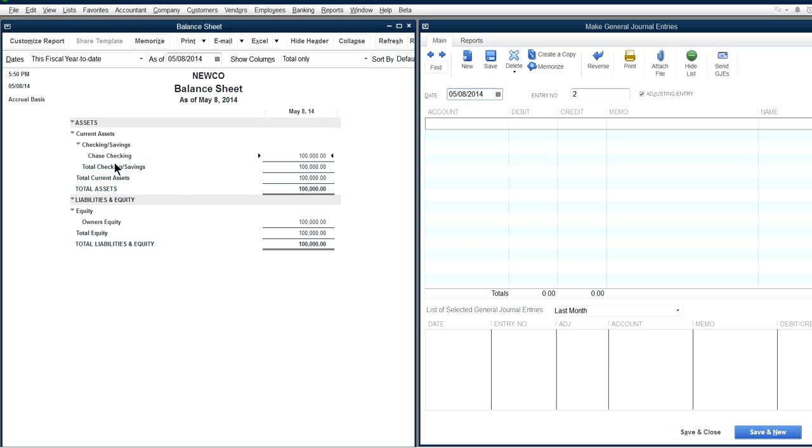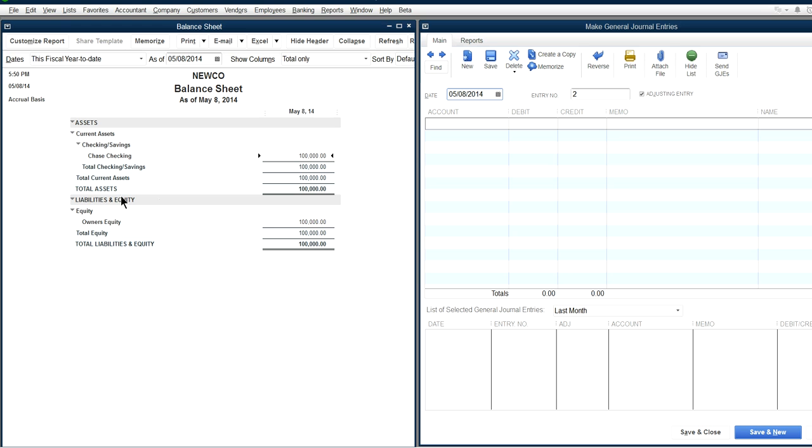So in this balance sheet you will see two things, actually three things now. The asset, that's your bank account, and your equity, the money you put in, $100,000. So your total assets at this point are $100,000, and your total equity is $100,000.